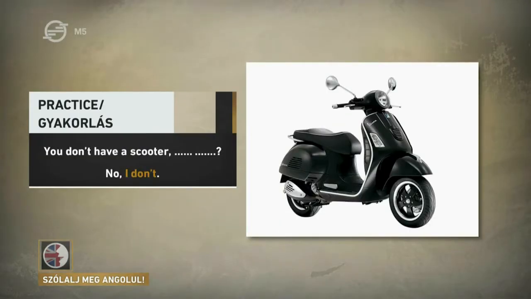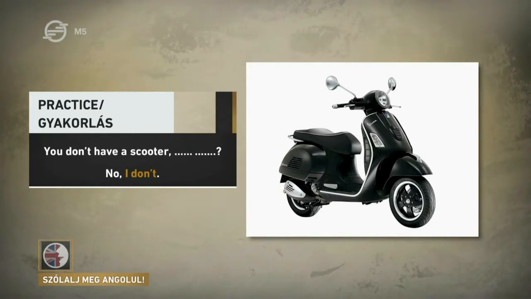Okay, so let's try a few of those to practice. You don't have a scooter. No, I don't. Okay, what's the correct question tag? Well, is the sentence positive or negative? Correct, the sentence is negative. So that means that the question tag has to be positive, doesn't it?